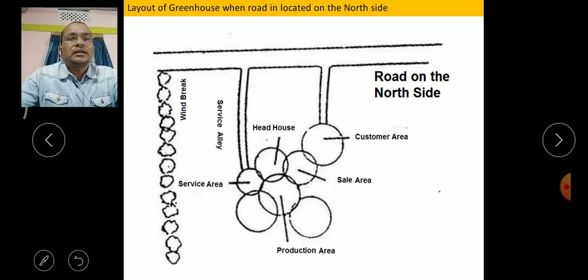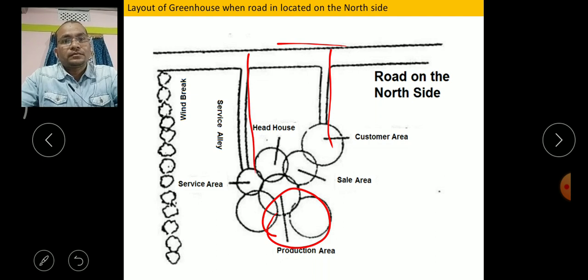Okay, the third and last one: the road on the north side. If the road is on this side, what will the layout be? Again these three are the production area, the isolation area, with two roads. One is for customers, another is for service.